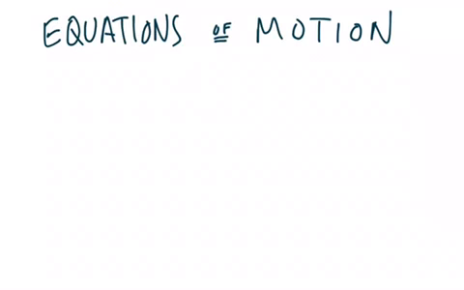These equations come from either a study of calculus, or they can be derived from some graphical methods used in a laboratory. In this screencast, I'm just going to give you the equations of motion, tell you what the variables represent, and how they can be used to predict future events involving velocities, times, and displacements.